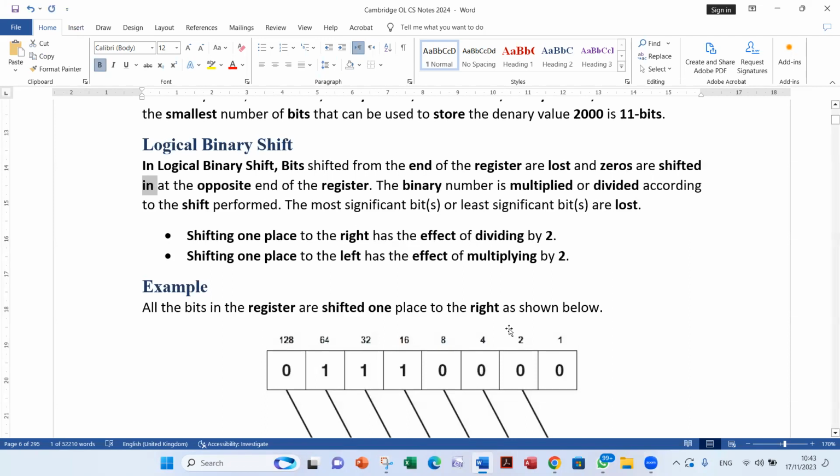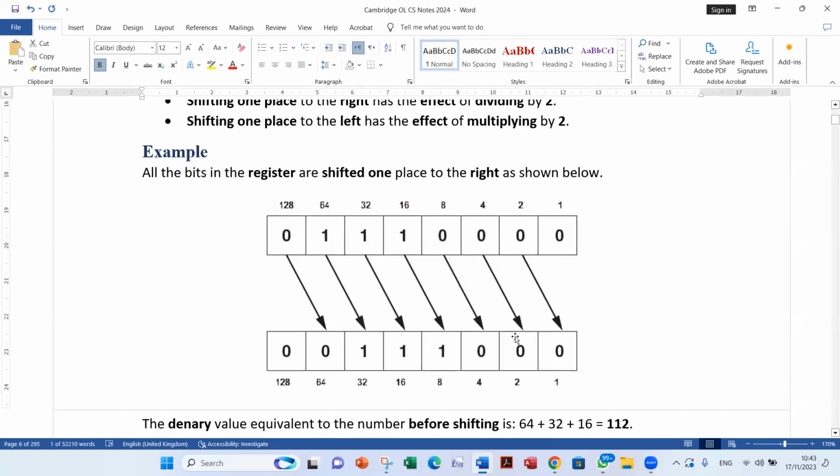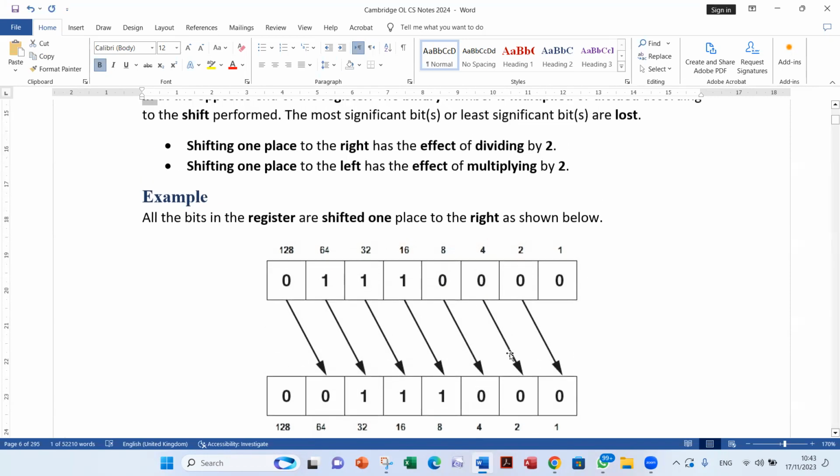Okay, what is the effect of shifting? Let us learn it by this example, and I would like you to do it yourself. Actually, that was in an exam. They give you the pattern 0, 1, 1, 1, 0, 0, 0, 0, and they asked you to shift it one place to the right.